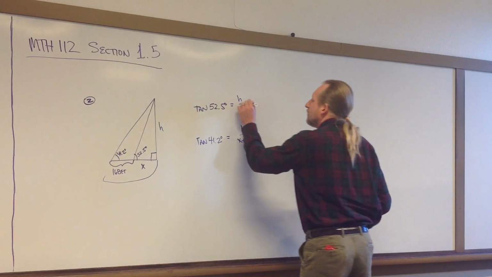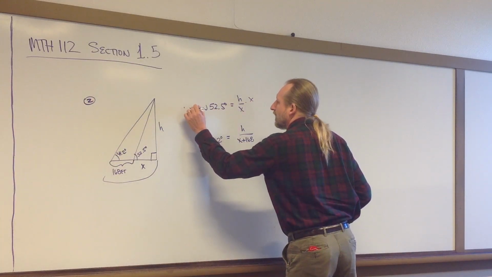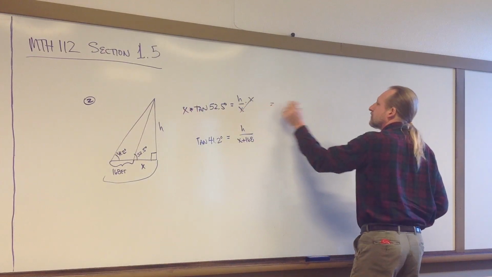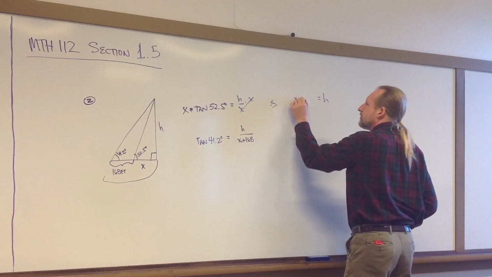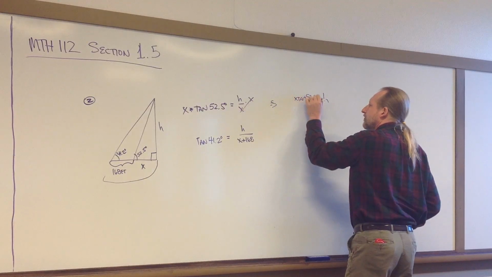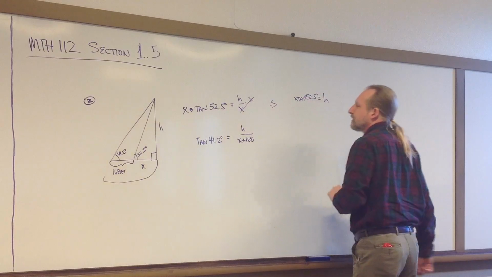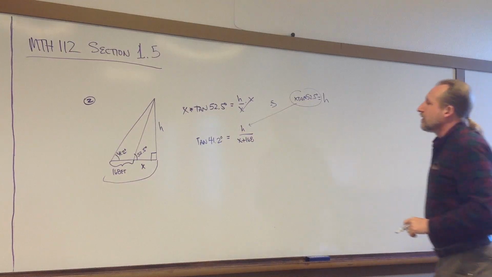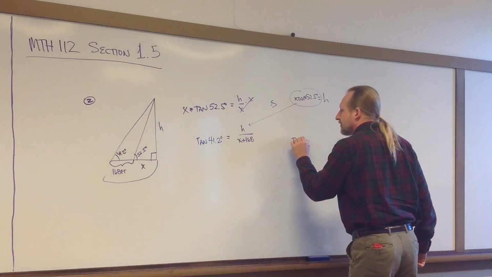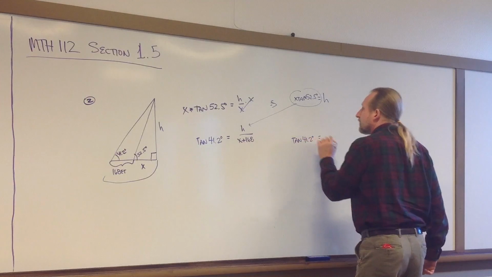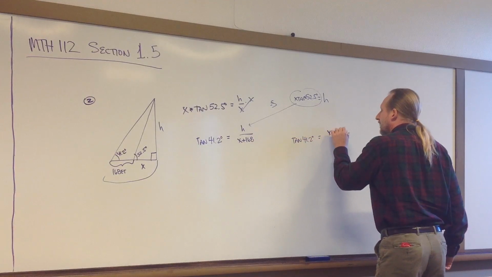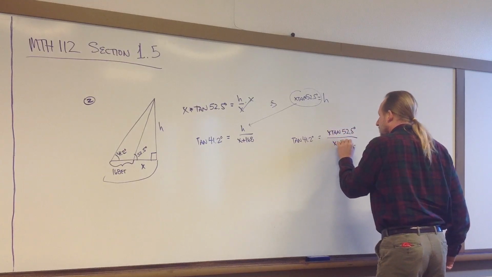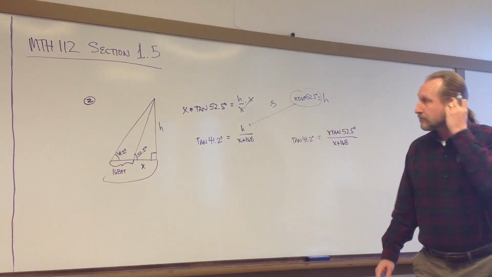So what we'll do is isolate the h in this equation, and that'll give us h is equal to x times the tangent of 52.5 degrees, and then we'll plug that right in here. So then we'll have the tangent of 41.2 degrees is equal to x tangent 52.5 divided by x plus 168.